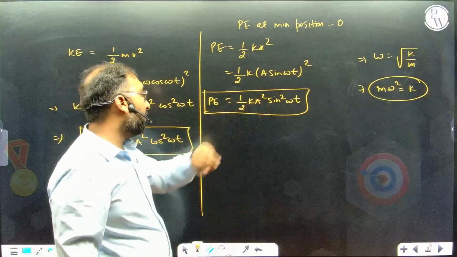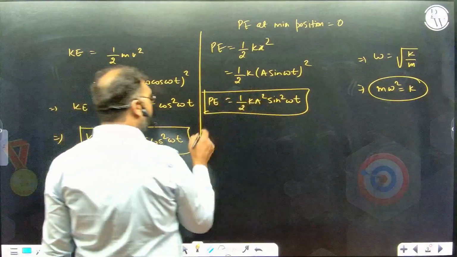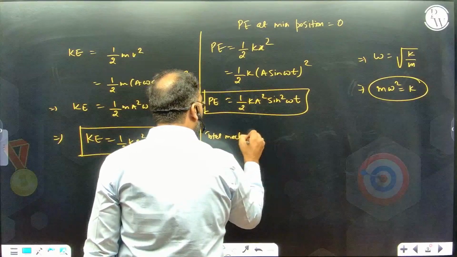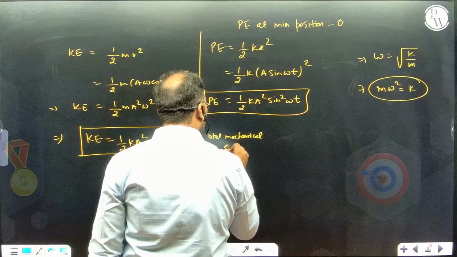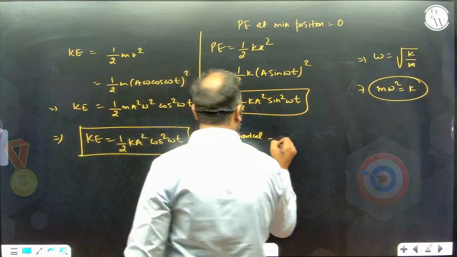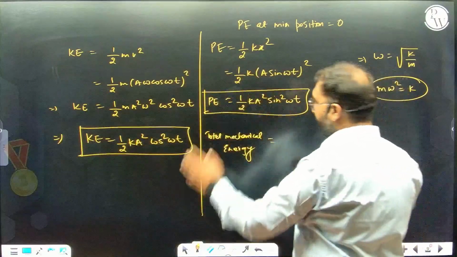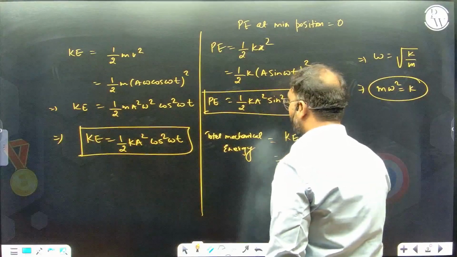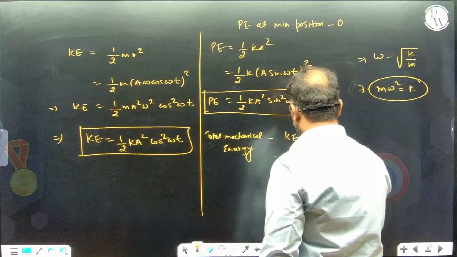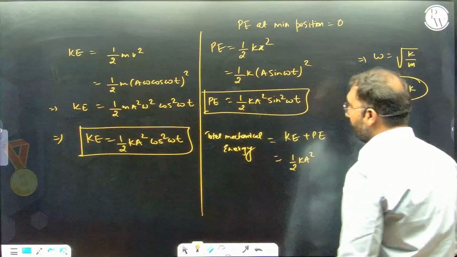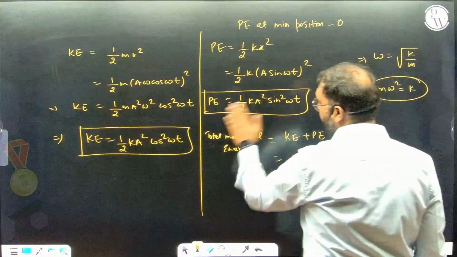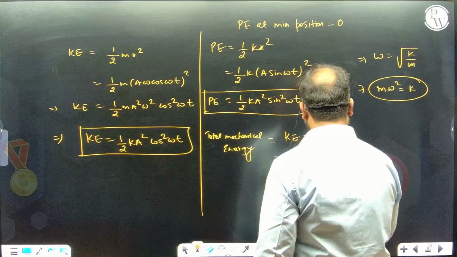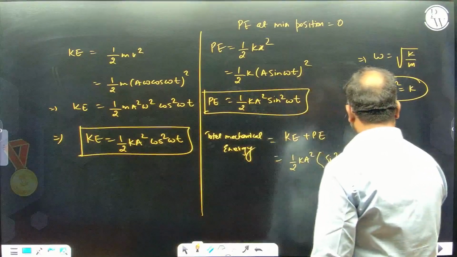So this is the expression for potential energy, and we have to write down the total mechanical energy. It is kinetic energy plus potential energy. Taking half k A square common, it is sin square omega t plus cos square omega t.